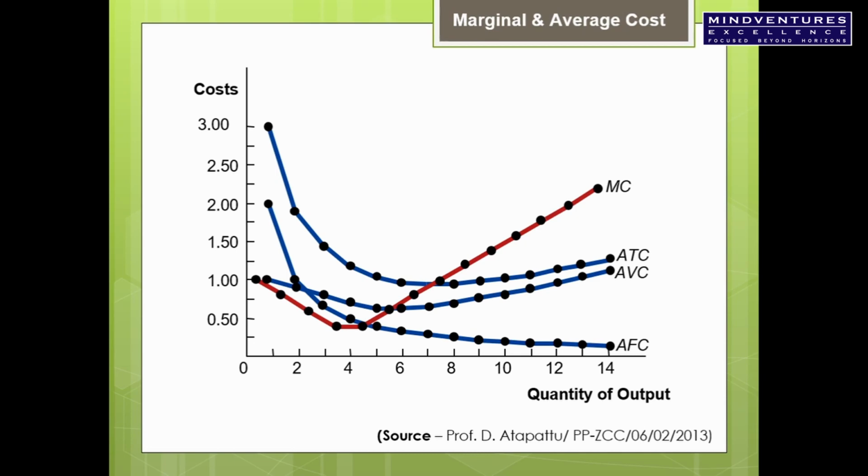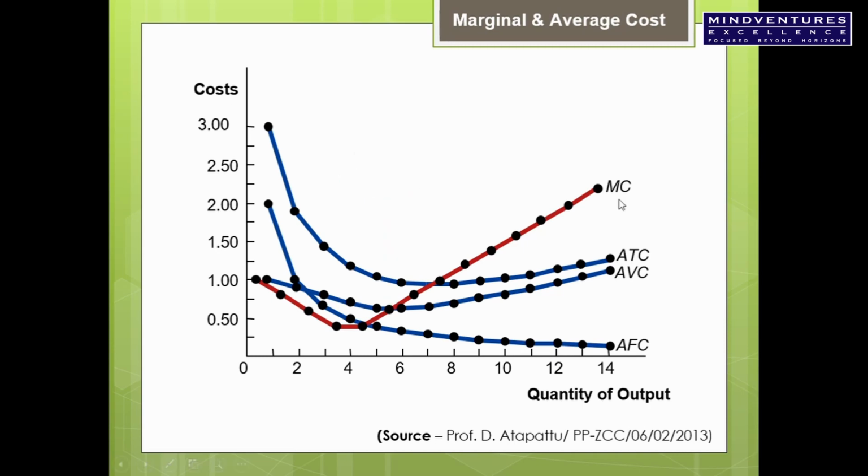As you can see, marginal cost curve is intersecting the average total cost curve at its lowest point, and the marginal cost curve is intersecting the AVC curve at its lowest point. So that is a very important cost related rule that you guys need to remember. MC equals ATC will be when ATC is at its lowest and MC is upward sloping. MC equals AVC will be when AVC is at its lowest and when MC is upwards sloping.